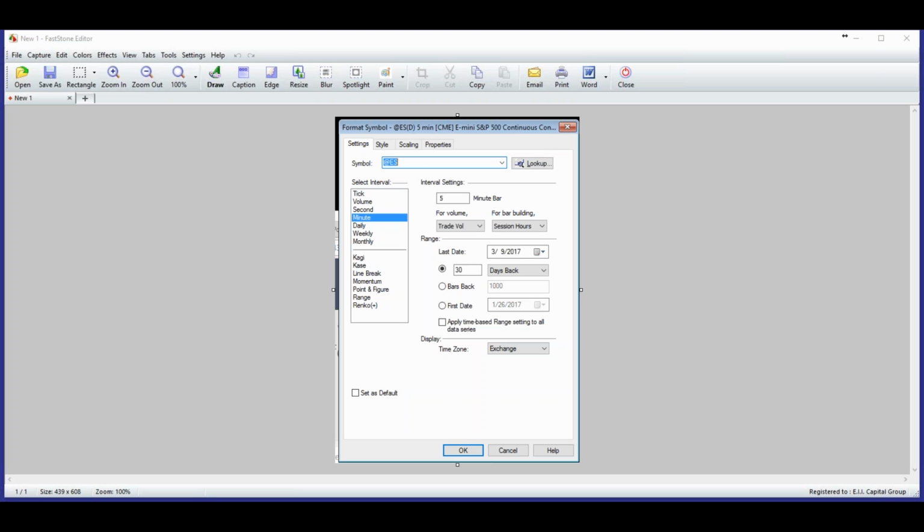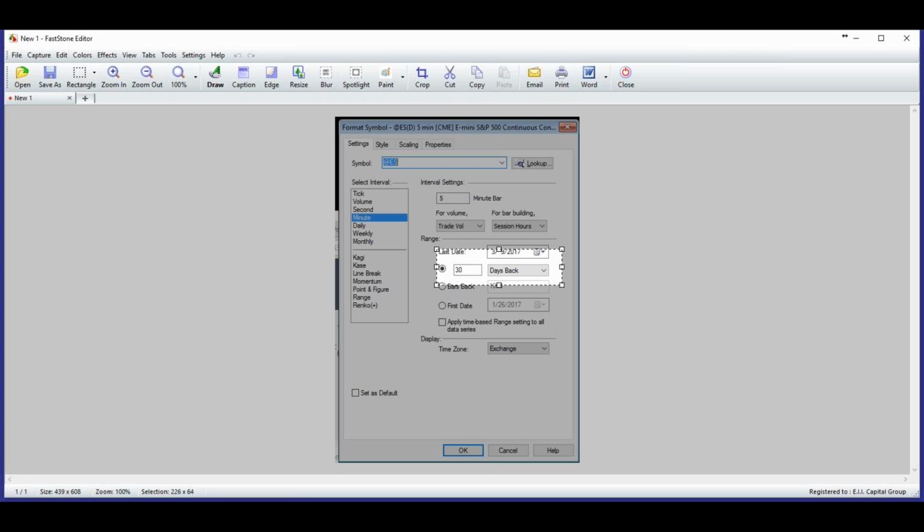The key thing here is that this needs to be correct: the number of days backwards. If you do not have that correct, then you're not going to see the correct days and so forth. If you're on a 5-minute, you have to have that set to 30 days back. If you set it to 500, you're not going to get dots or crosses. So if you ever add the indicator and for some reason you don't get dots or crosses, format your symbol and change it so it goes back 30 days. If you're on a 60-minute, make sure you go back 1 year, 2 years, or 15 years and all that. Make sure that information is set correctly and you'll be fine.